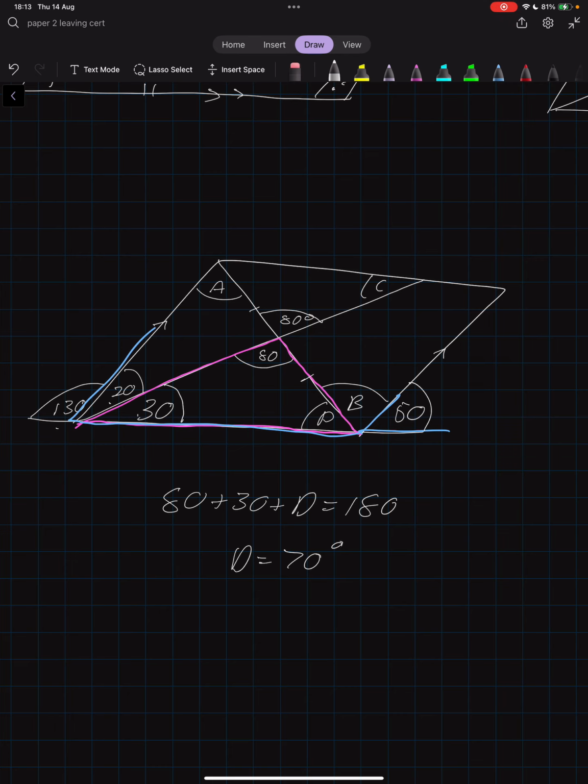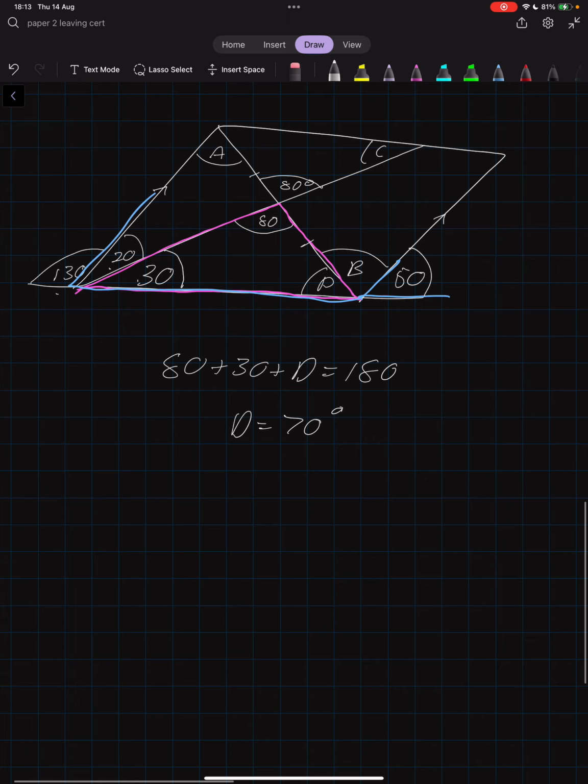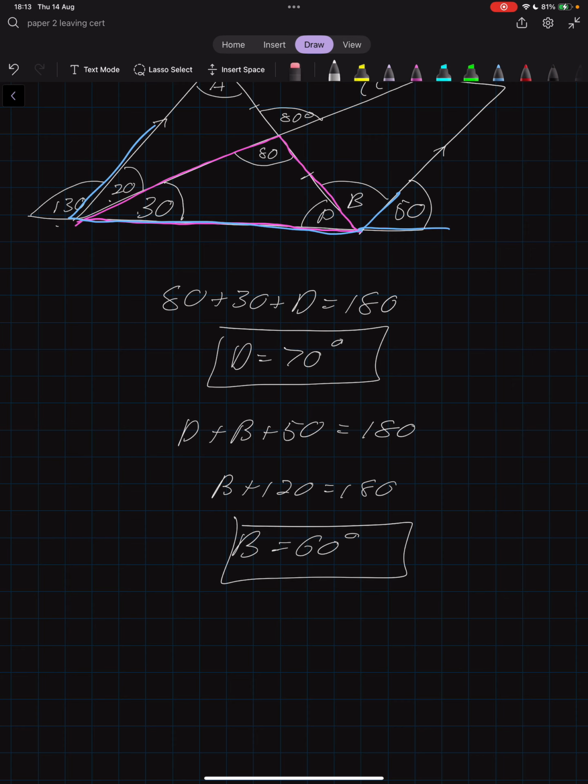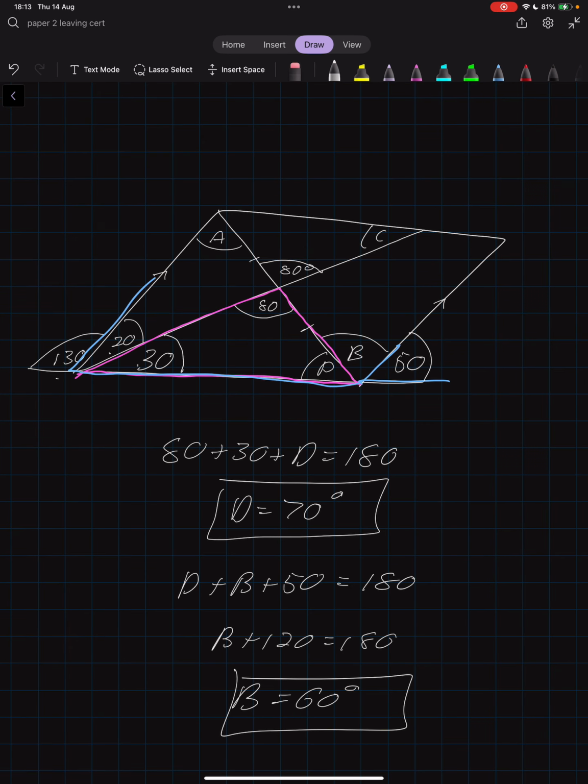So it has to be 50. And then I can say, well, I know that D plus B plus 50 has to be 180. And since D is 70, I get B plus 120 is 180. So B has to be 60. So we have D is 70, B is 60. So B is 60, perfect.